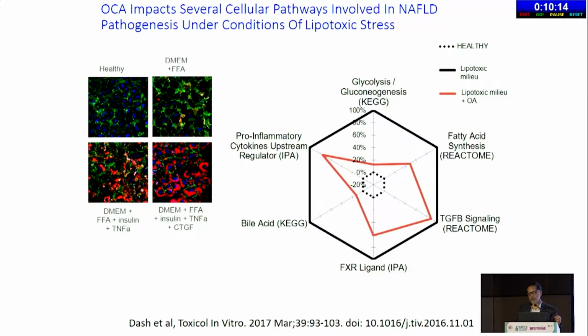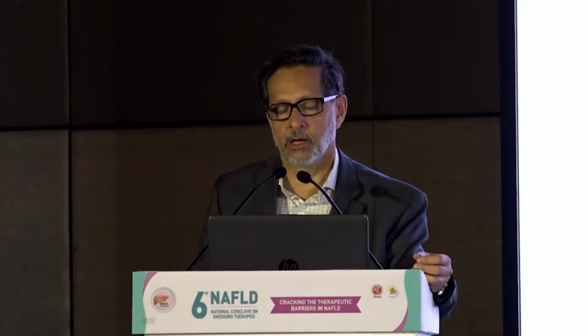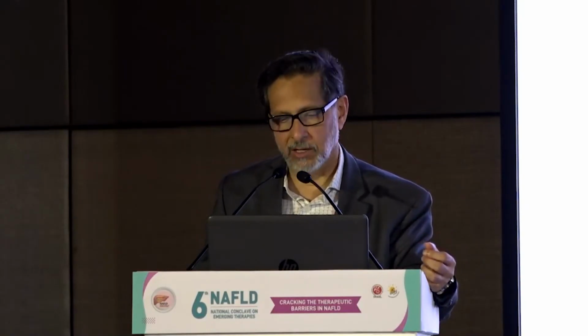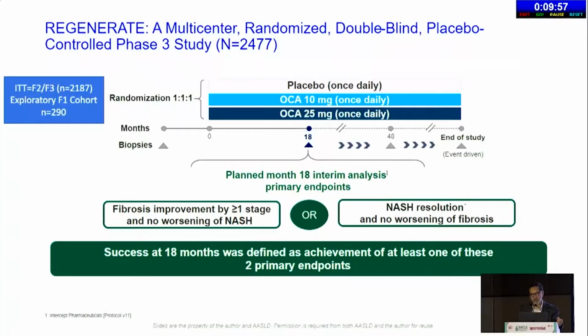The solid line is what it is in NASH, and the red line shows the shrinkage, how you are bringing it back towards normal. So it reduces the lipotoxic stress, and the inflammatory and fibrogenic signaling in response to that. Knowing that it can affect lipogenesis, inflammation, and fibrosis provides the rationale for studying it.